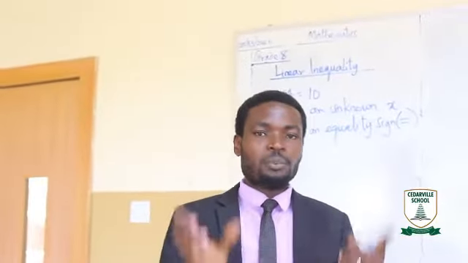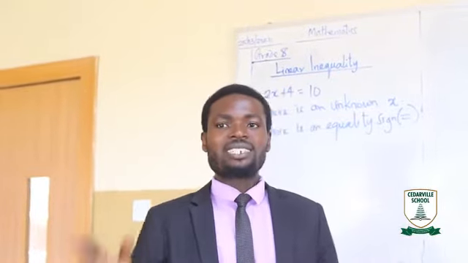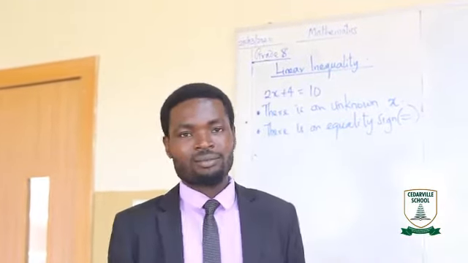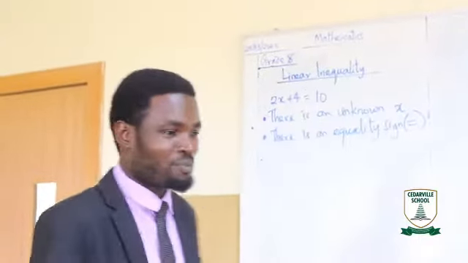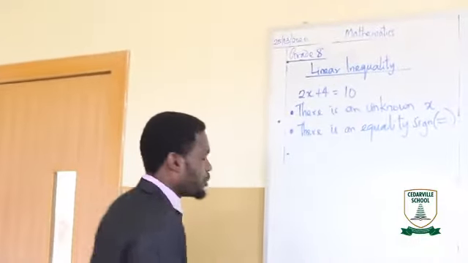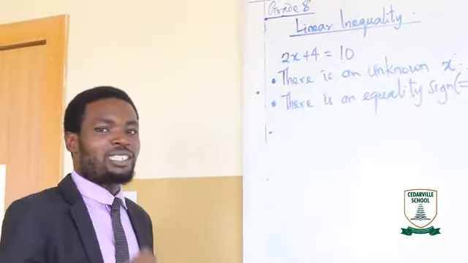What is the difference between linear inequality and linear equation, or simple equation? The difference is something very small. Let me give an expression on the board. Maybe you can quickly pinpoint the difference.